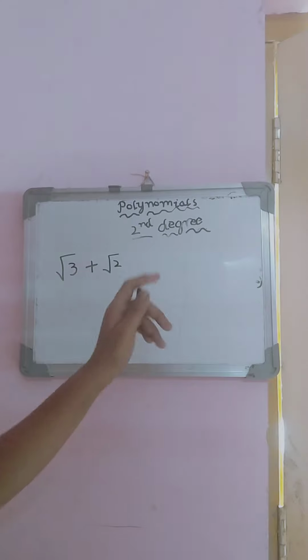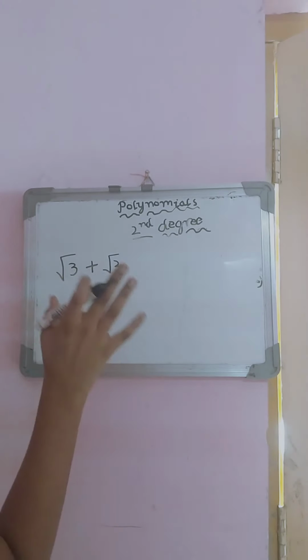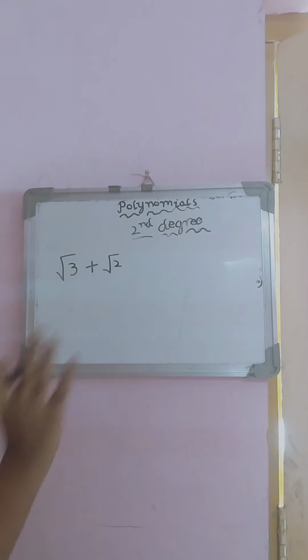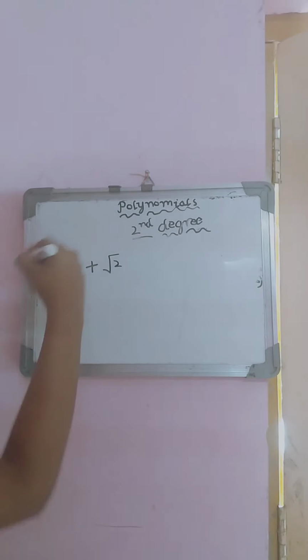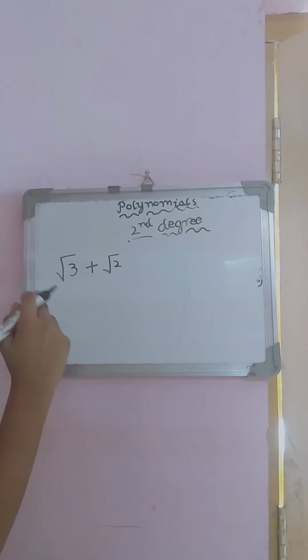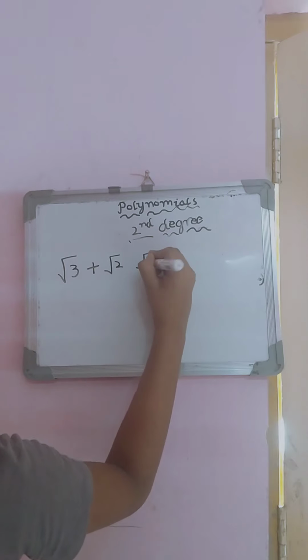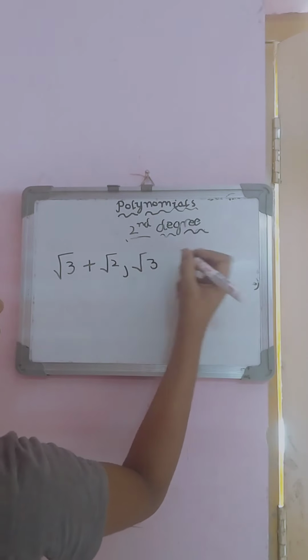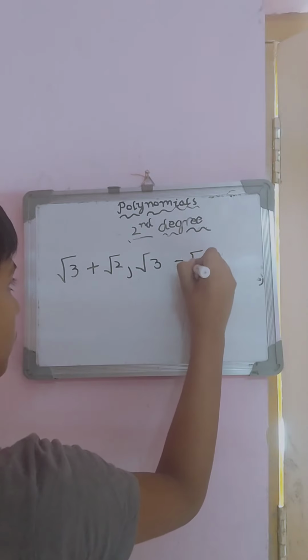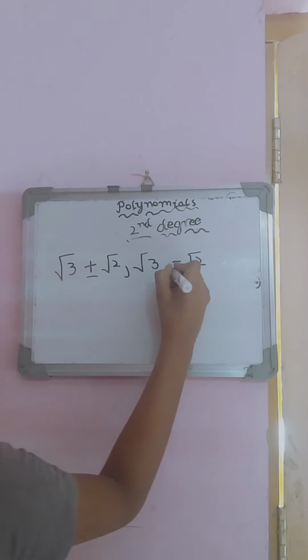I said that this formula is used only for a second degree polynomial, so they give only one root but not the other. Automatically when root 3 plus root 2 is a root, then root 3 minus root 2 is also a root. So when we get one, we always get the other.